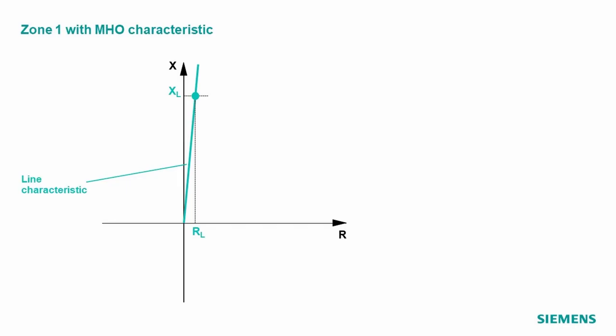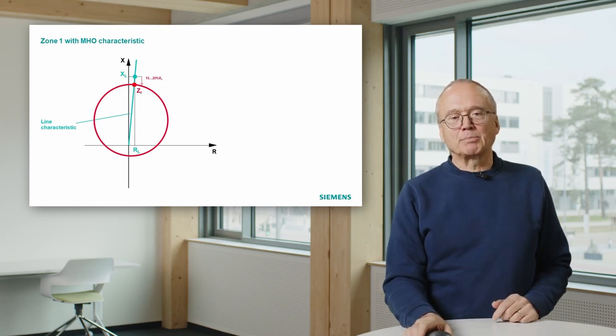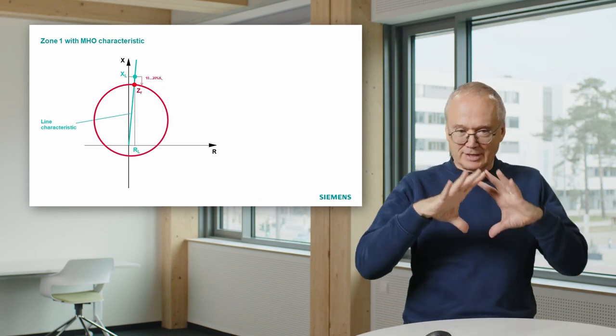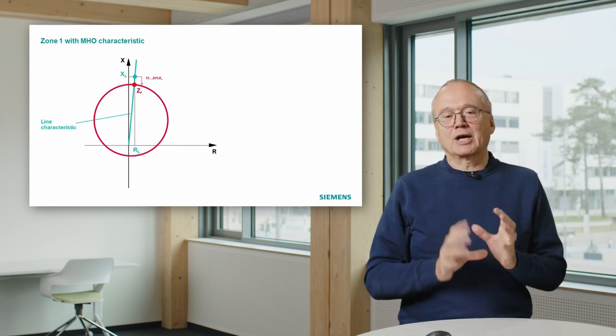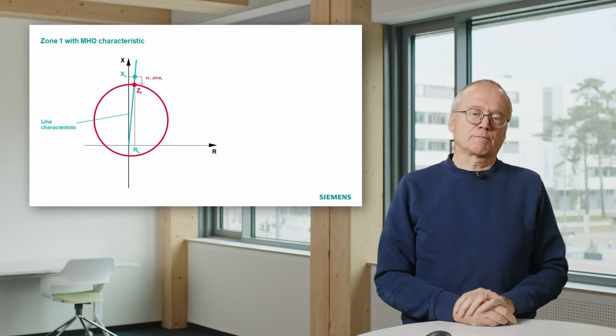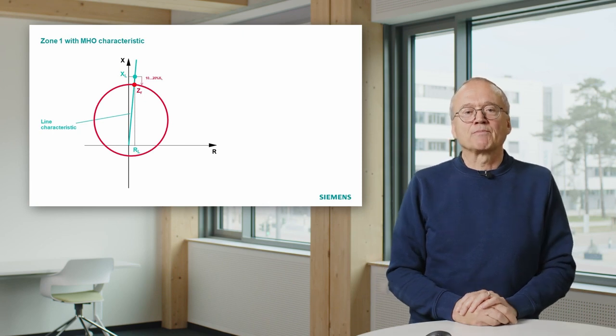The idea behind that is the same. You have this circular characteristic. The setting principle is also the same. That means this circle is also a bit of an unsharp thing due to measurement errors, because you have to deal with the same measurement errors.